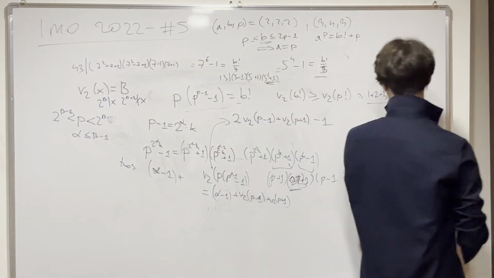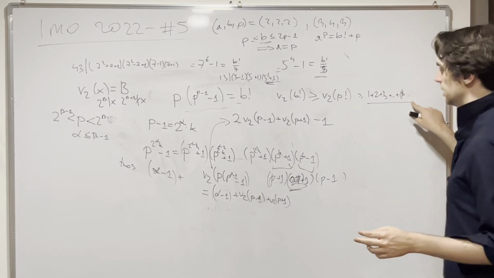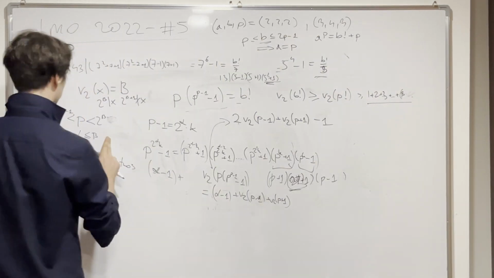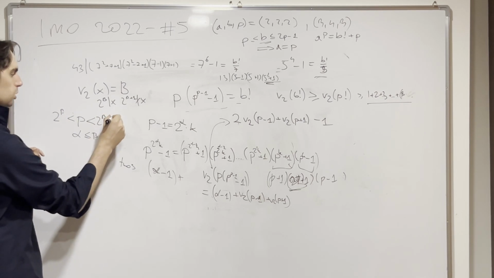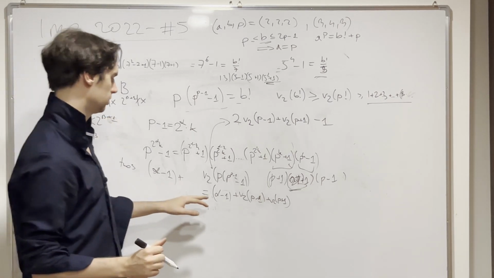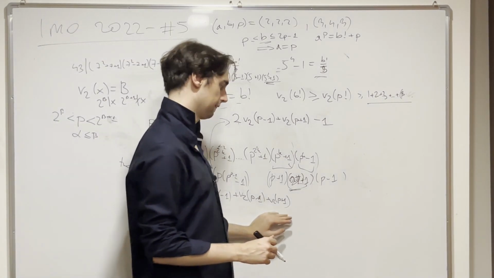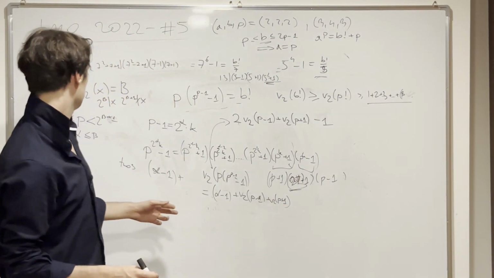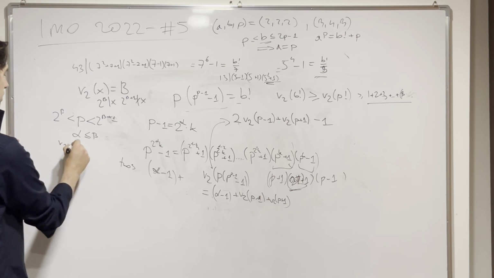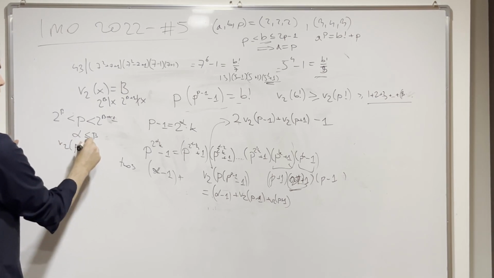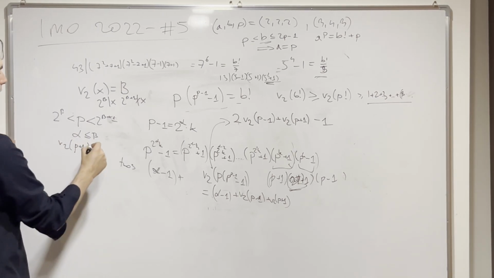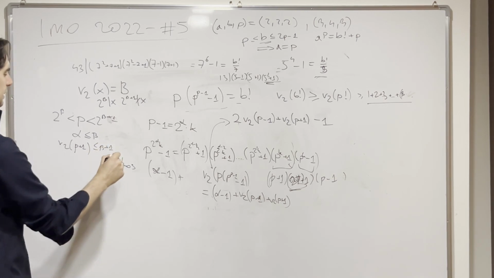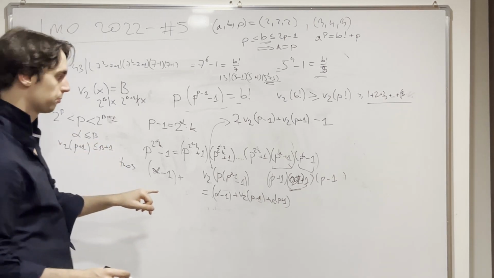So, okay, now I'm thinking instead of beta minus 1, I might just do beta here and beta plus 1. So now this whole expression here we can estimate, and also the number of 2's in p plus 1 is at most beta plus 1, and this is an estimate that will never hold true.